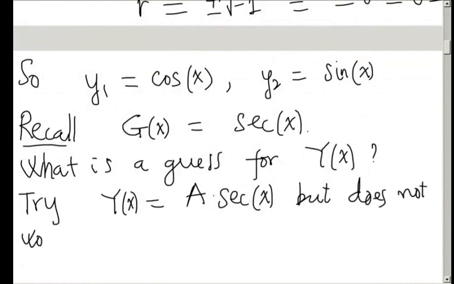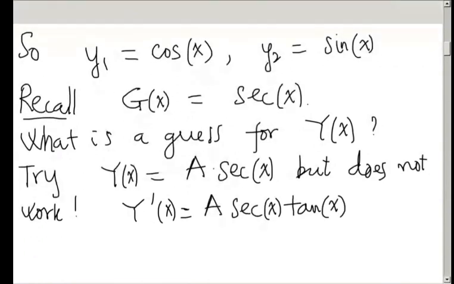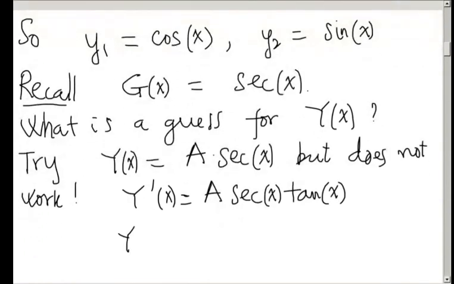The reason is, if you take derivatives, they get more complicated. The derivative of secant is secant tangent, and if we take the derivative one more time, we need to use the product rule, and it will be complicated.